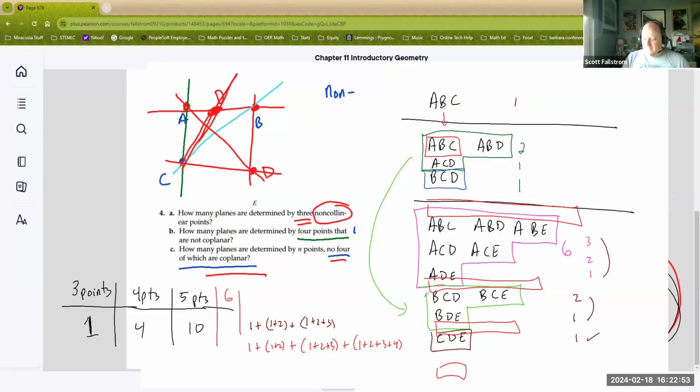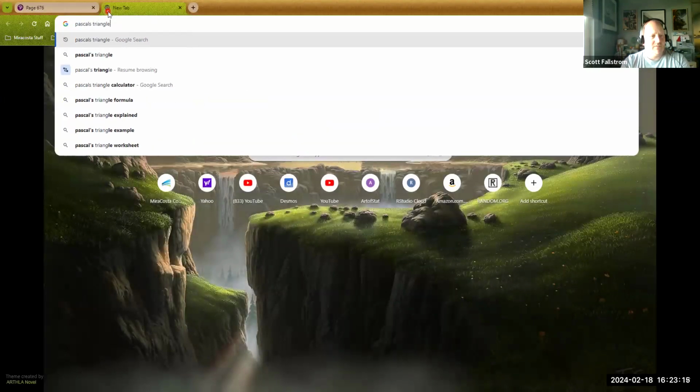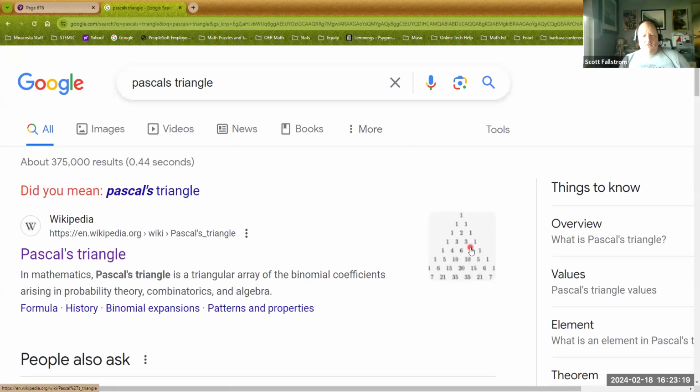Is there a quicker way? Yes. Let's see here. Let me think of how. So if we did one of those patterns, let me erase all of these here. Clear all those drawings. Oh, yeah.